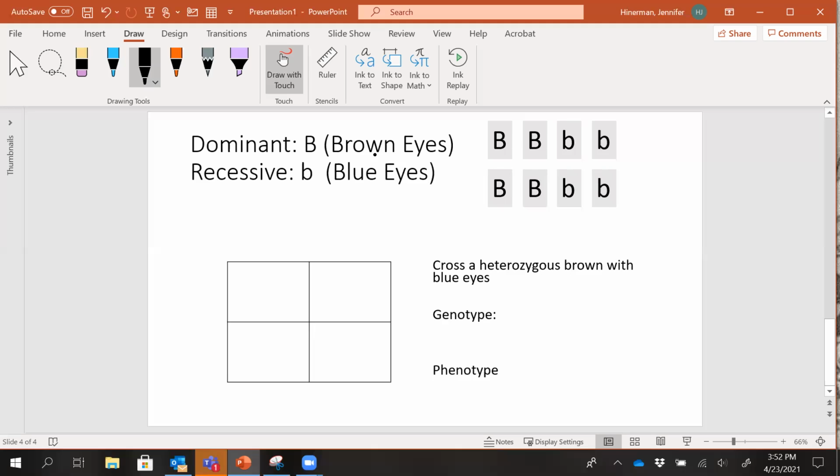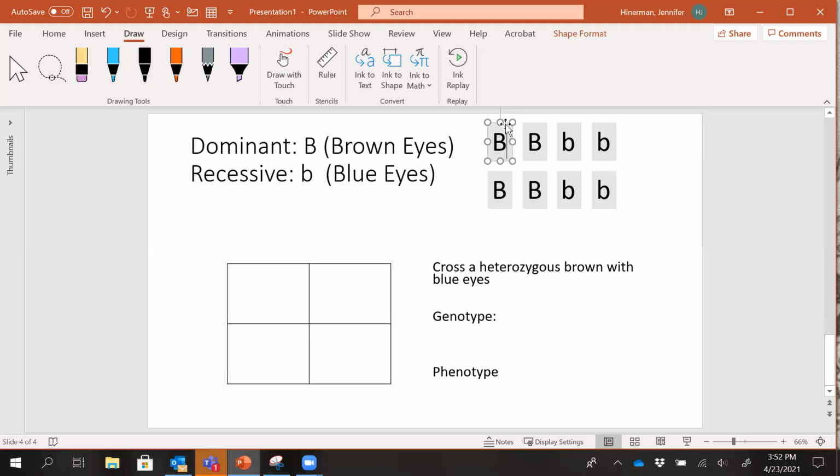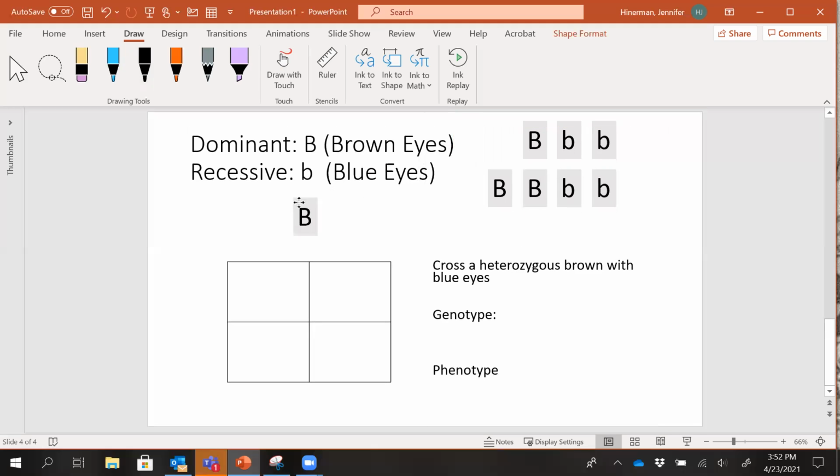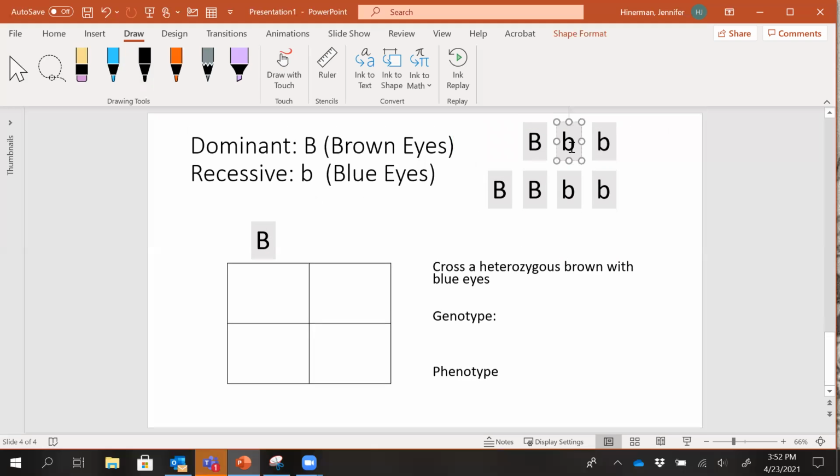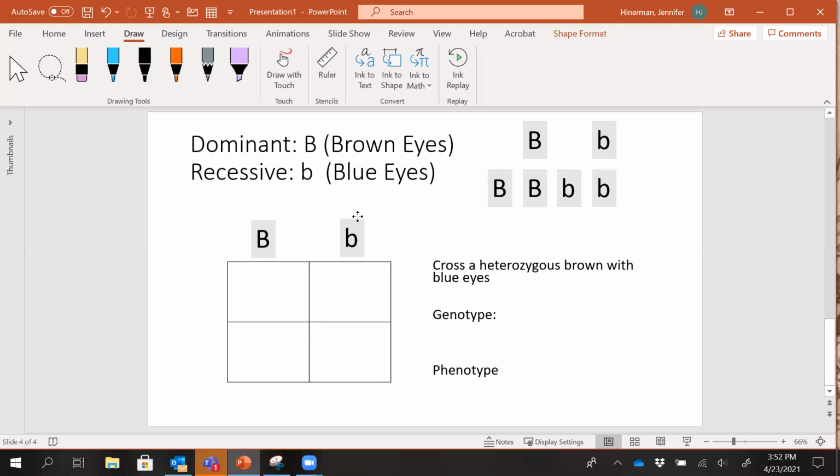Okay, all right, so we're going to do one more practice problem and maybe things might start making sense. So we're going to cross a heterozygous brown. Remember how heterozygous means one big letter and one small letter. With somebody with blue eyes. So blue is little b. And we know that because they're blue eyes, they have to have two little b's.